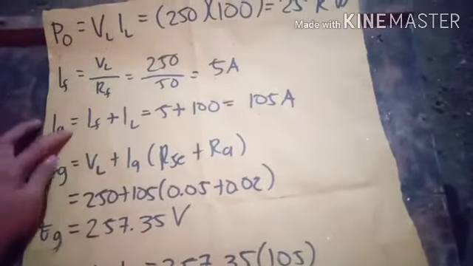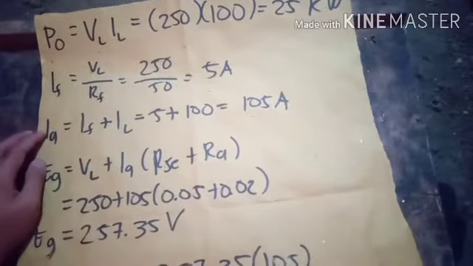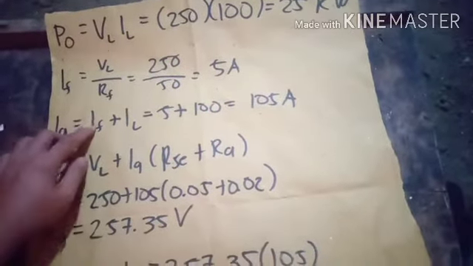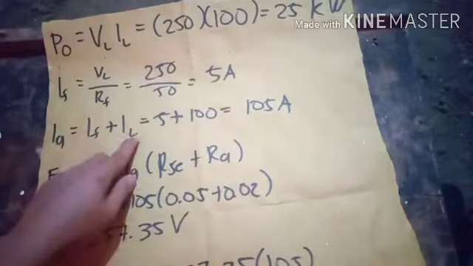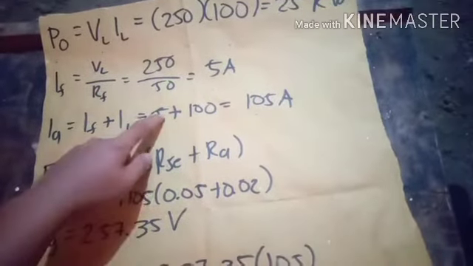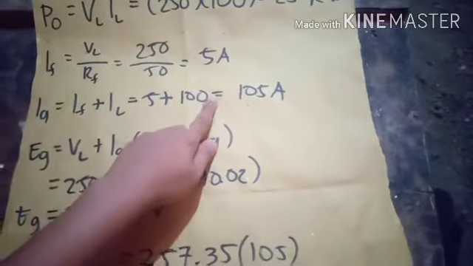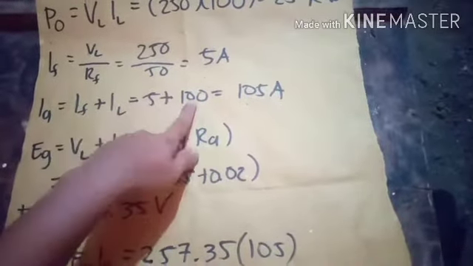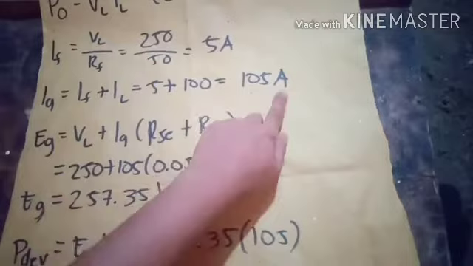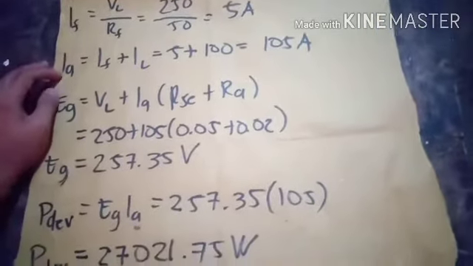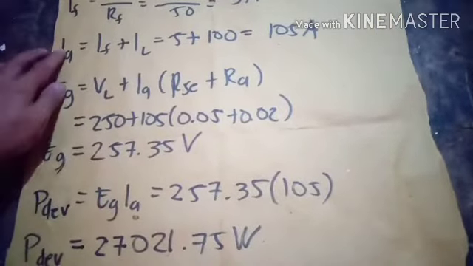Next is the IA. I sub A is equal to I sub F plus I sub L, equal to 5 plus 100. 5 ampere plus 100 ampere is equal to 105 ampere for our IA.